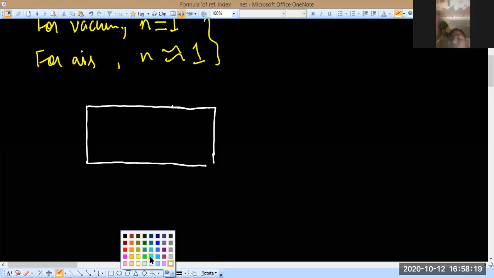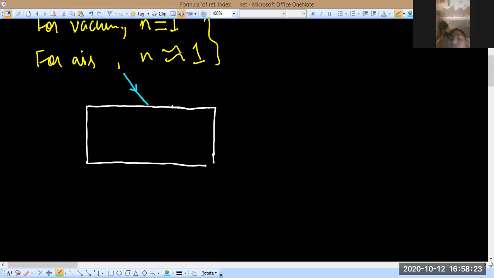If suppose light hits this glass slab, okay, so suppose this is glass, this is air, and this glass slab has refractive index 1.5. Okay, suppose this glass slab has refractive index 1.5.